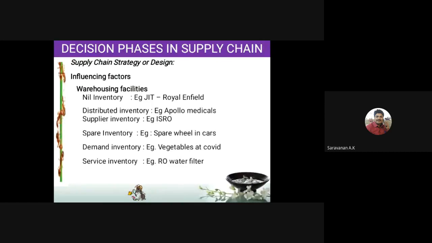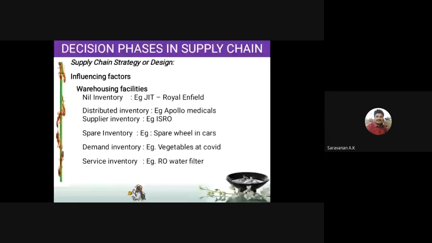At that time, the Apollo supply chain will distribute two medicines to each medical store. For example, if you go to a medical store and ask for Pinom 20, it may not be available in that store, but it will be available in a nearby medical store. So that person will run to the nearby store, get it from there, and give it to you. You can practice this in your real life also.